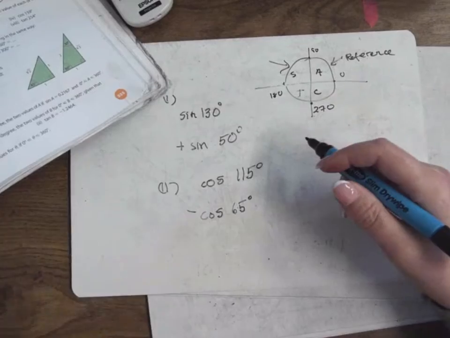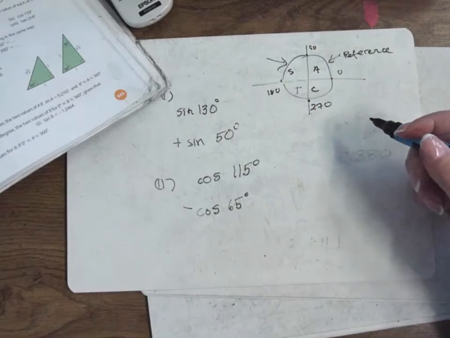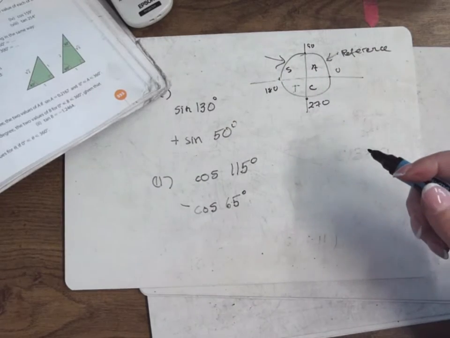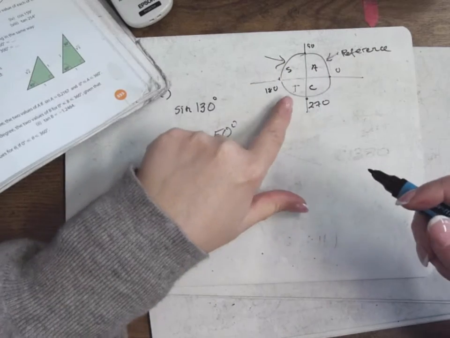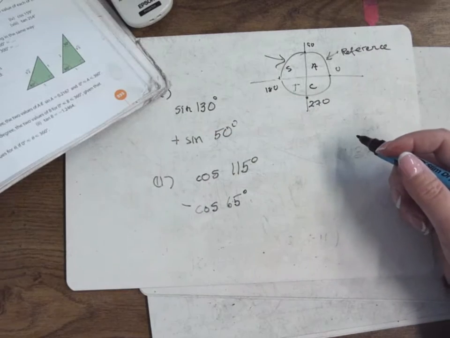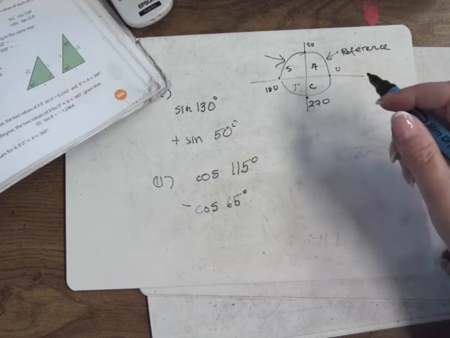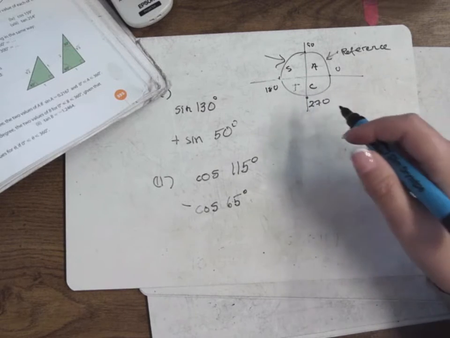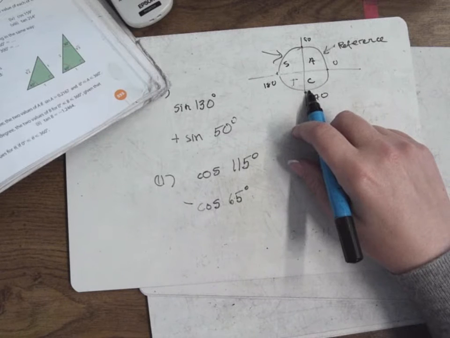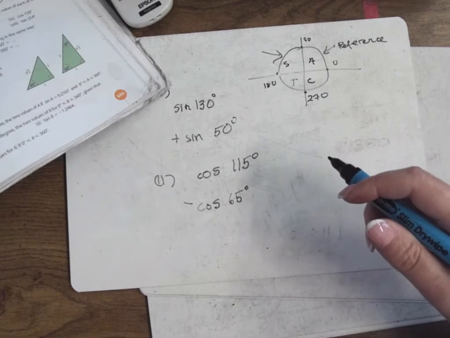Here, if the angle is between 180 and 270, if we get sine of the number, it's negative. If we get cos of the number, it's negative. The only one that's positive is tan. And here, if the angle is between 270 and 360, sine is negative, cos is positive, because that's what the C means, and tan is negative.